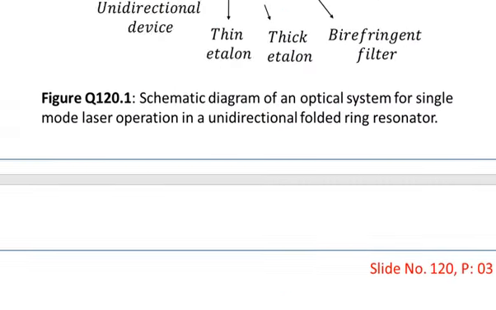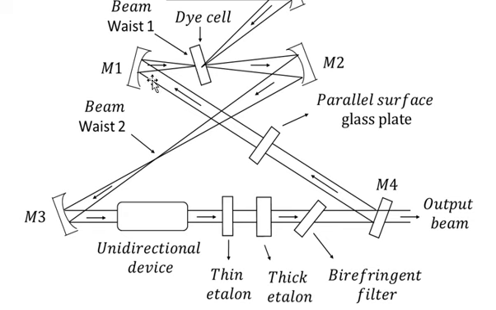So you see that we started our discussion with the mirror M1, that the mirror M1 focuses the beam at the center of the dye cell, and the diverging beam then is incident on the mirror M2. The mirror M2 focuses the beam such that the beam is incident after the beam waist 2. It is incident on the mirror M3 in such a way that the mirror M3 generates a collimated beam towards mirror M4.